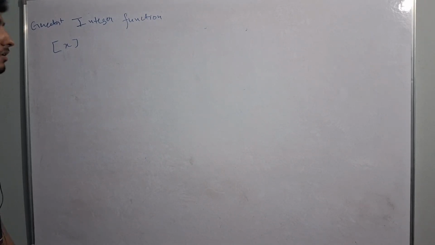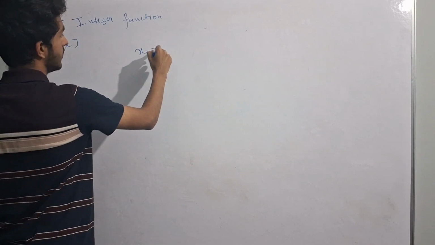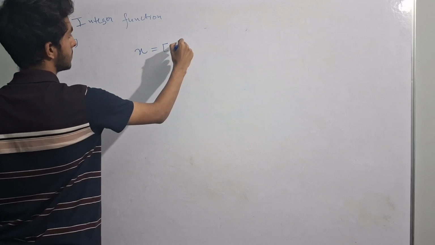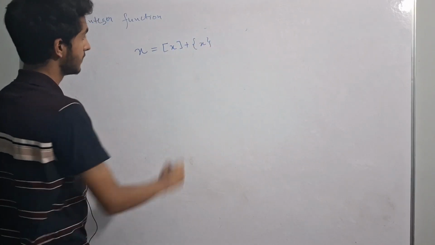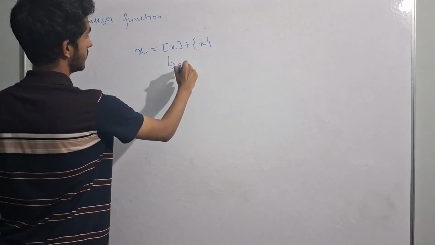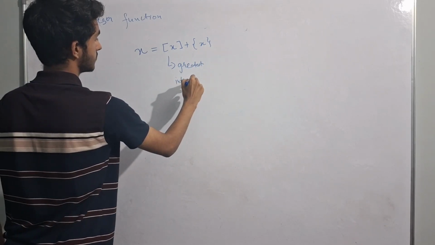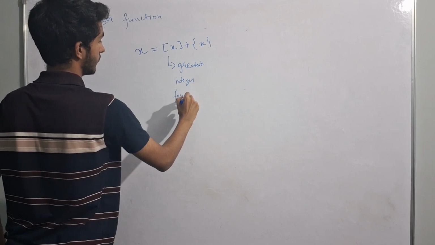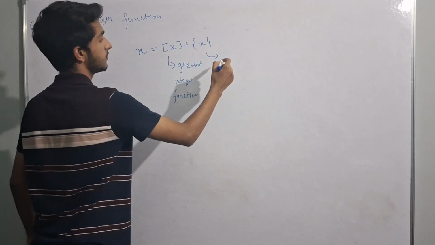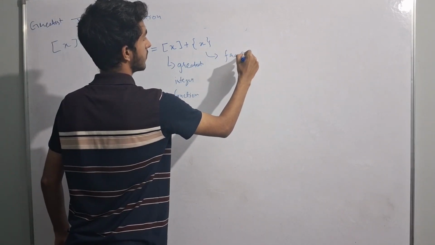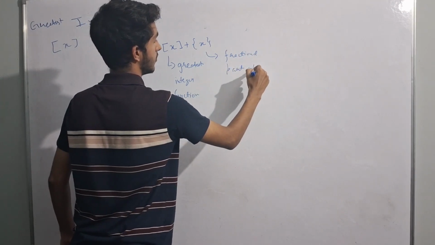So let's say you have a number x, and x can be written as the greatest integer function of x plus the fractional part of x.